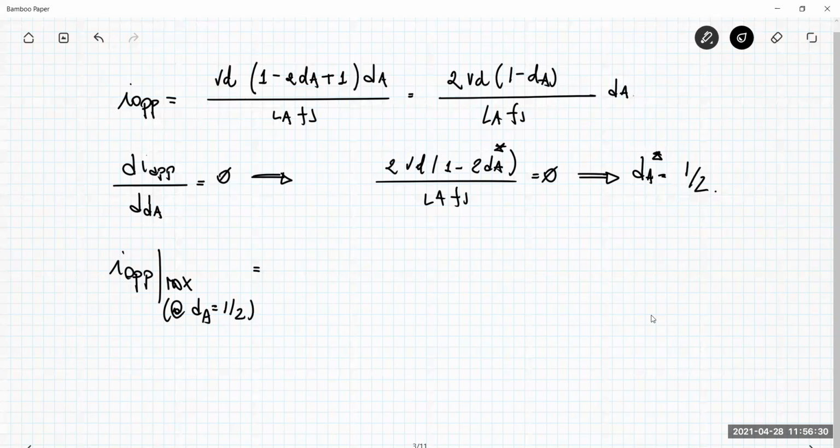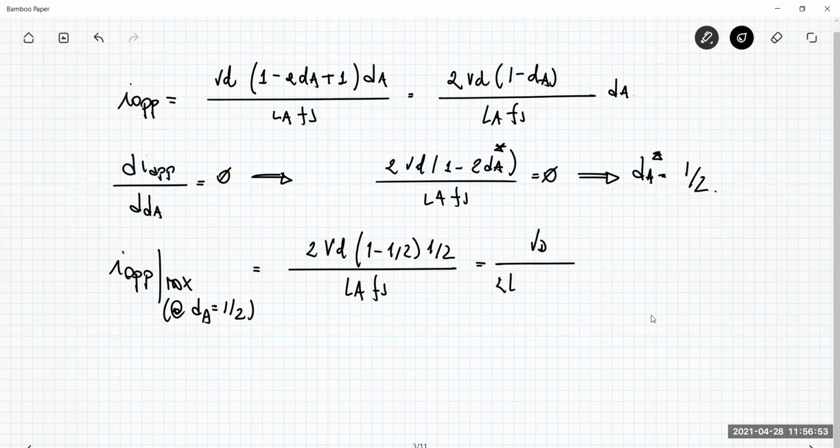Simply put 1/2 in the previous expression of the peak-to-peak ripple: 2Vd (1 minus 1/2) multiplied by 1/2 again, over LA Fs. This is Vd over 2 LA Fs. So this is the maximum ripple that you can have for bipolar.